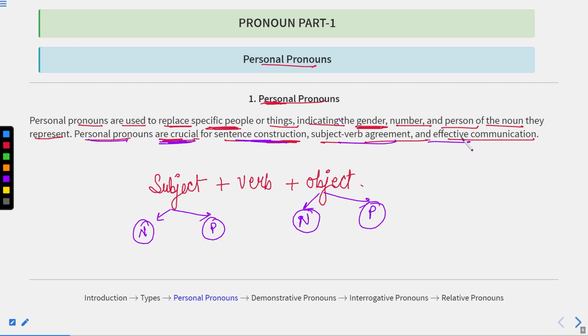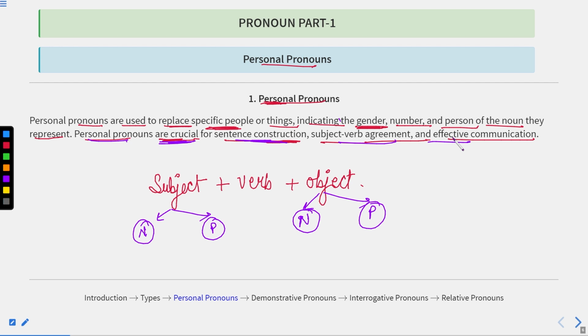Otherwise, if we are hesitating or not using the correct pronouns in a sentence, that will make the sentence messy, break the flow of communication, and also spoil the communication. For example, if I am speaking smoothly and I want to speak something about a girl, I will use the pronouns related to that girl only. For example, I can use she, her, hers.